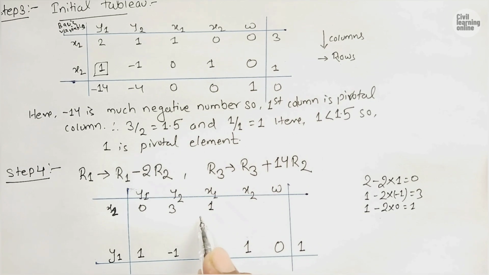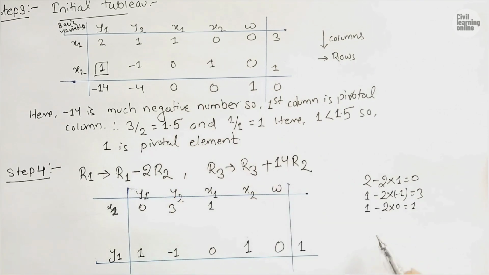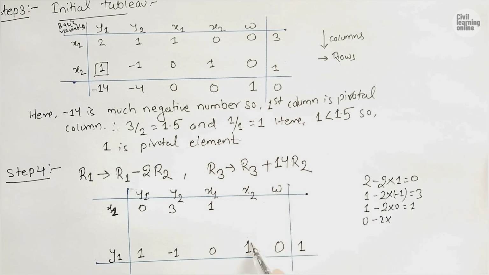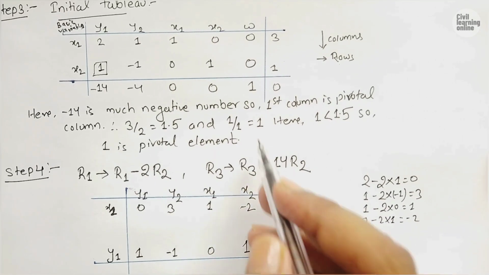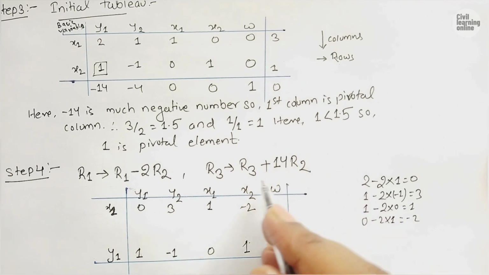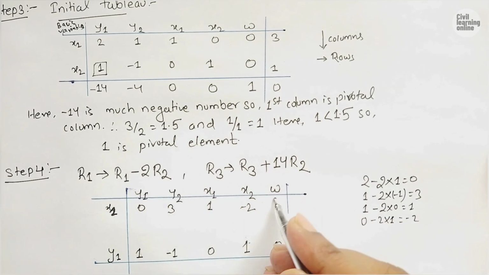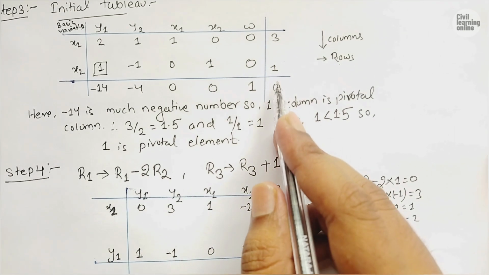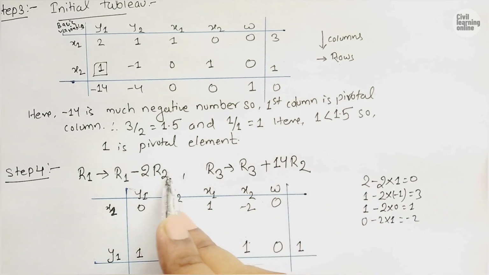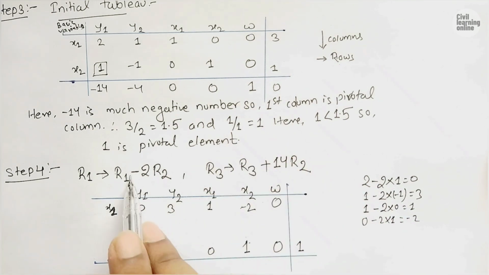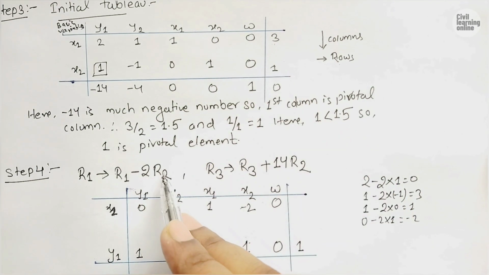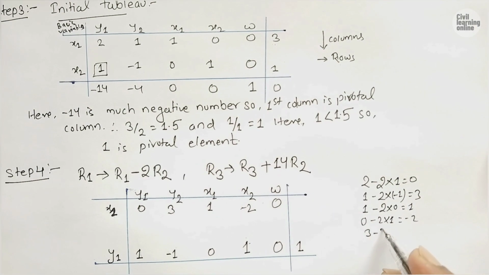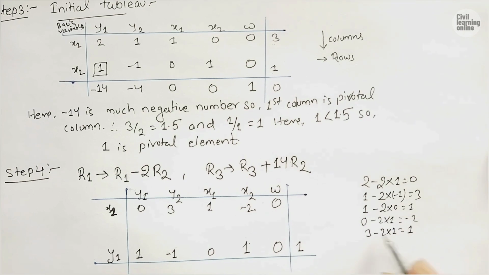I hope you are understanding. Similarly, we have 0 minus 2 times 1, we will get -2. Similarly, we have 0 minus 2 times 0, which gives 0. Similarly, R1 is 3, so 3 minus 2 times 1, we will get 1.